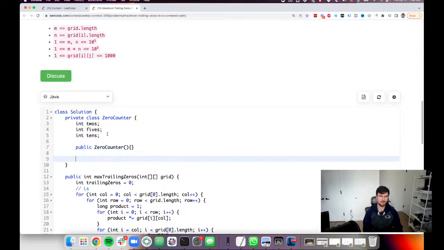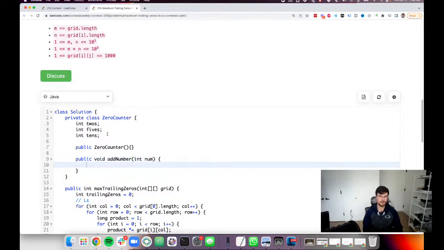And then what I'm going to do is take in a number. We're going to divide it by 10 as many times as we can and increase tens.